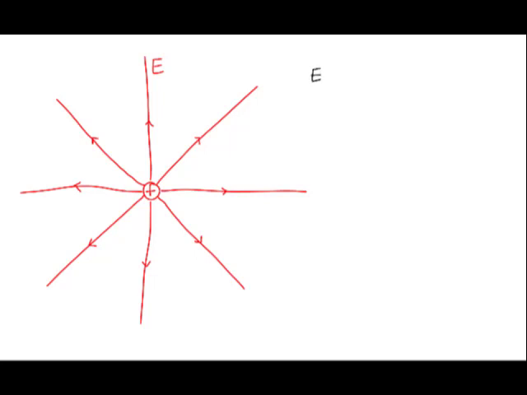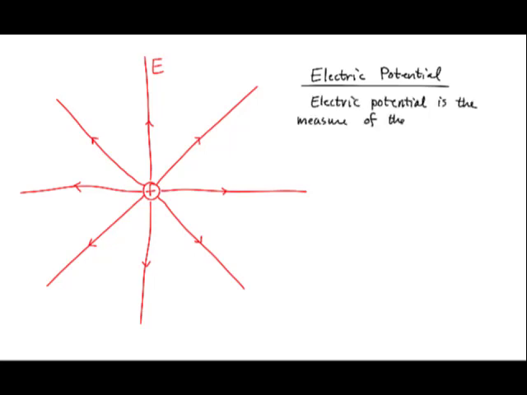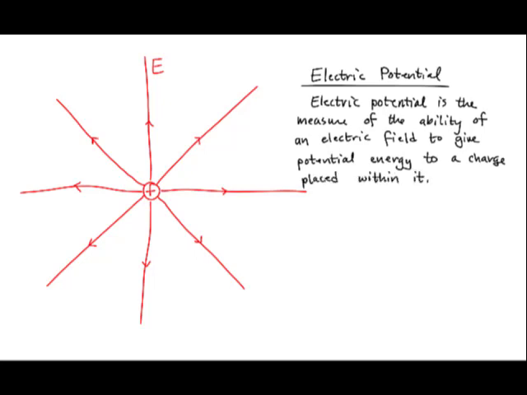This leads us to electric potential. Electric potential is the measure of the ability of an electric field to give potential energy to a charge placed within it. So this electric field inherently has electric potential. It inherently has the ability to give potential energy to another charge.